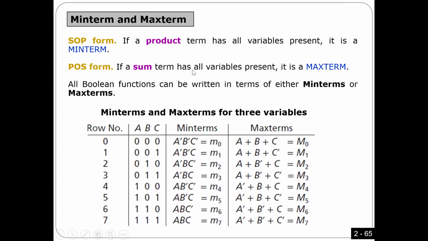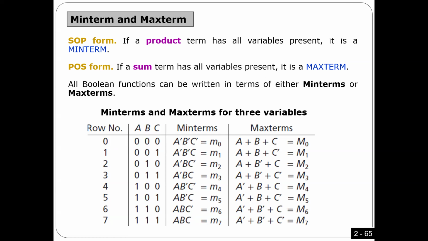Okay. So now I will come to something we call min terms and max terms. It's not very different from what I explained. Min terms and max terms. So here, if you have a function ABC this way, this is row 0, or actually number 0 in binary, number 1, number 2, number 3, number 4, number 5, number 6, number 7.